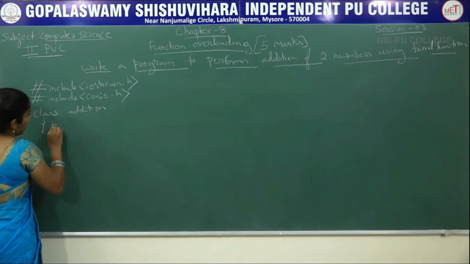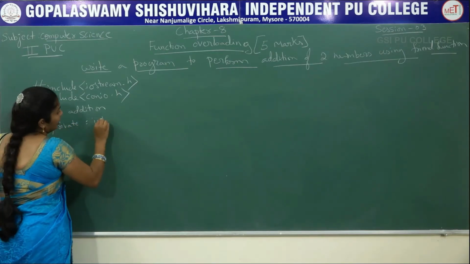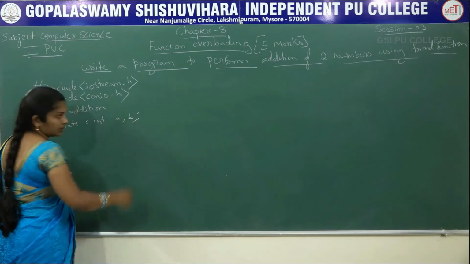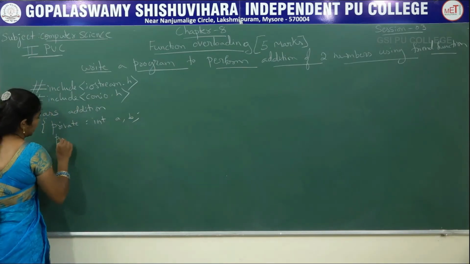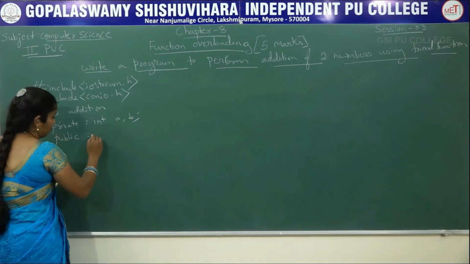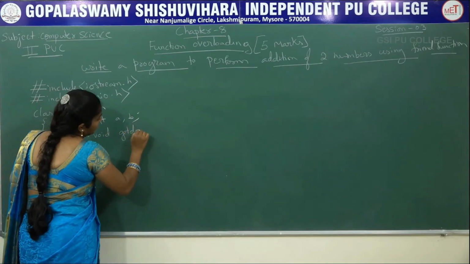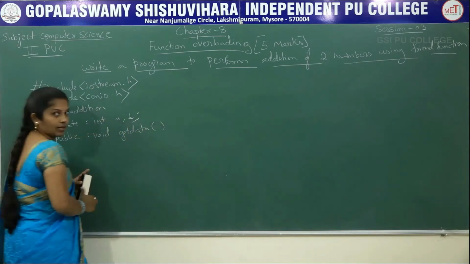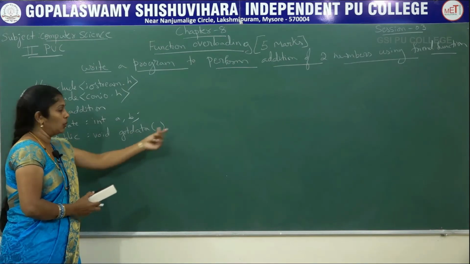In the private section, we are declaring the variables int a, b. These two are the variables. Now in the public section, we are taking the function void getdata. Inside the class only I am writing the statement, that's why don't put any semicolon here.